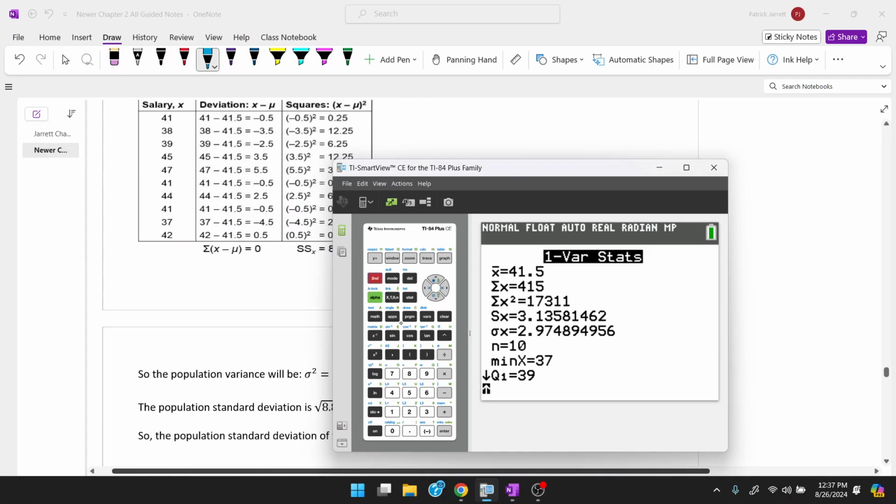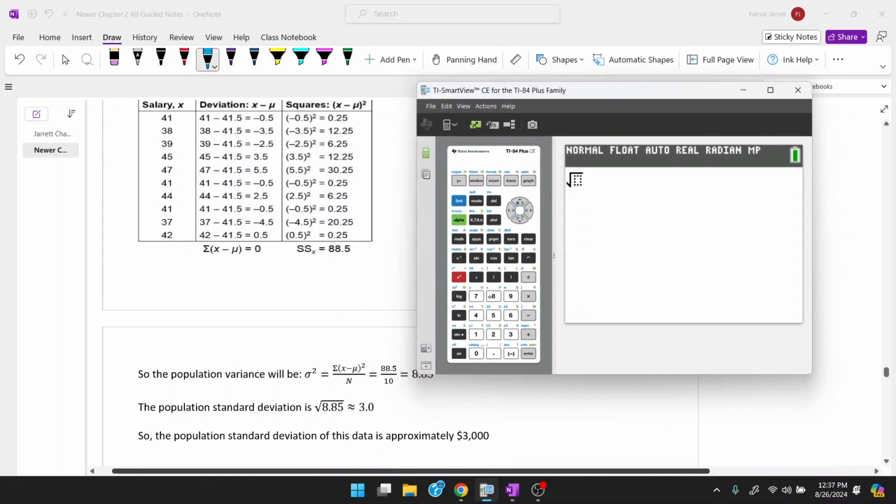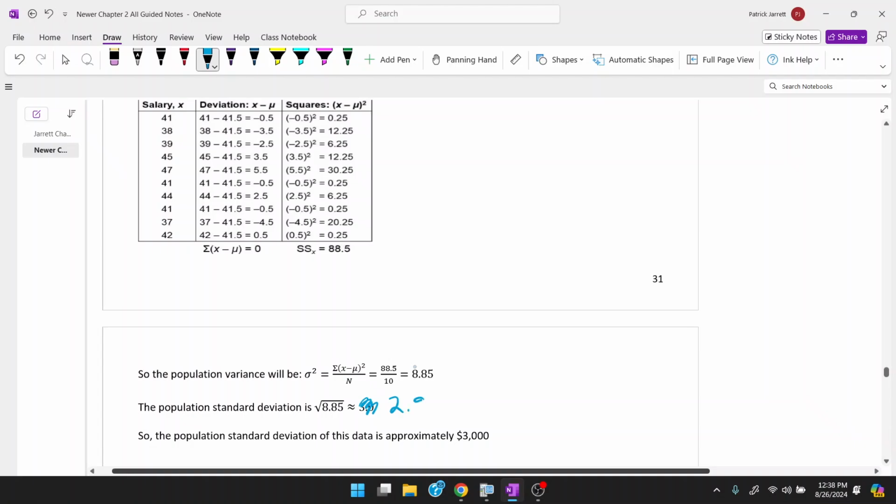Now, to find the standard deviation, we take the square root of 8.85 and get 2.975 thousand, or 2,975.